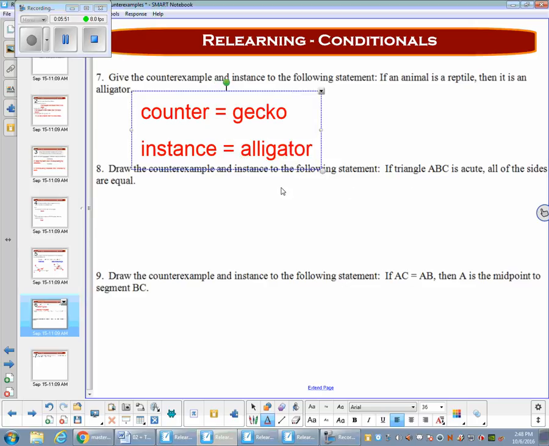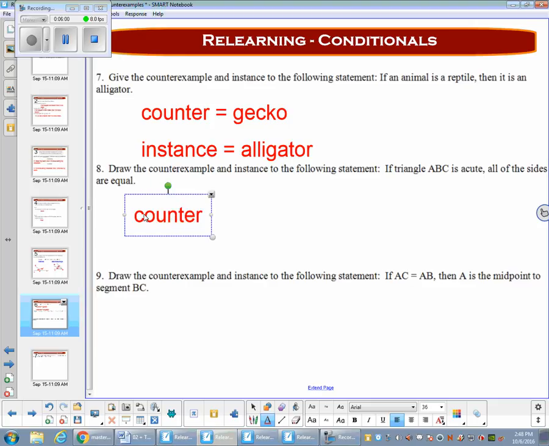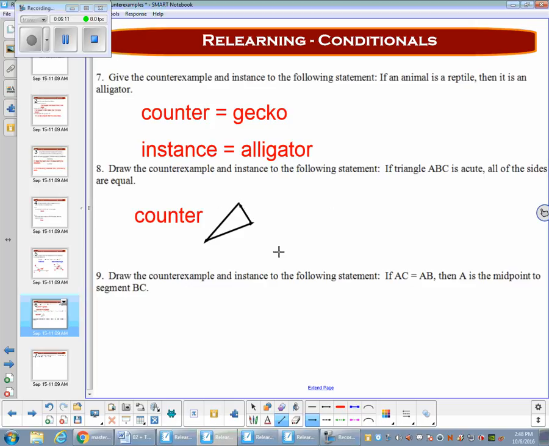Draw a counterexample and an instance to the following statements. If ABC is acute, then all sides are equal. The counterexample is to draw an acute angle where all the sides aren't equal. This side is shorter. So we know that statement's false.